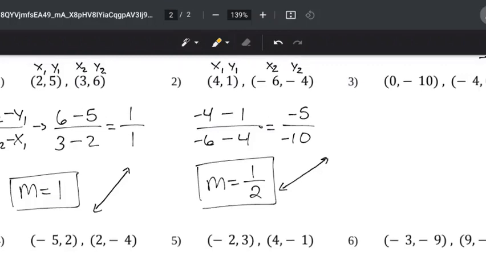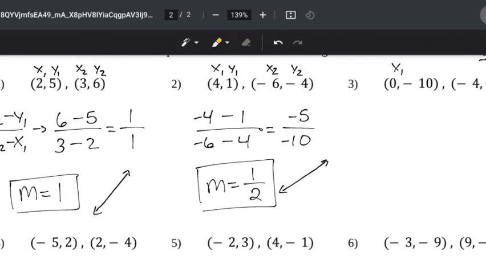Our next example, number 3: x1, y1, x2, y2. Get into the habit of doing that. It makes solving this a lot easier because now all we have to do is plug the information in. So y2 is 0 minus, now be careful, we are subtracting a negative 10. Subtracting a negative is the same thing as adding a positive.